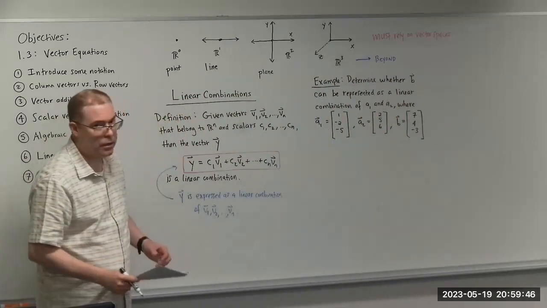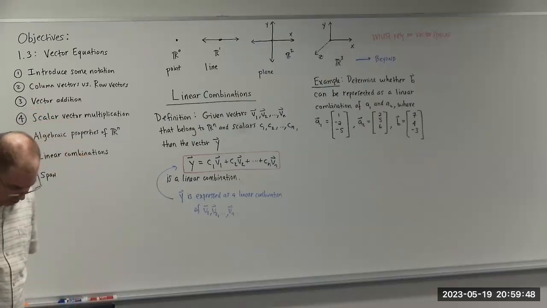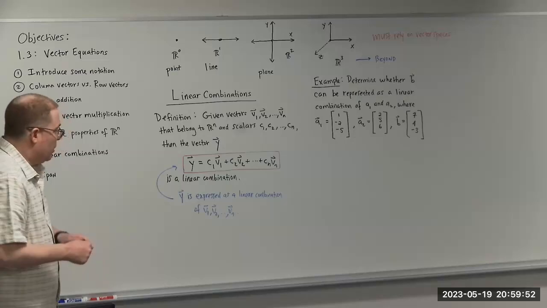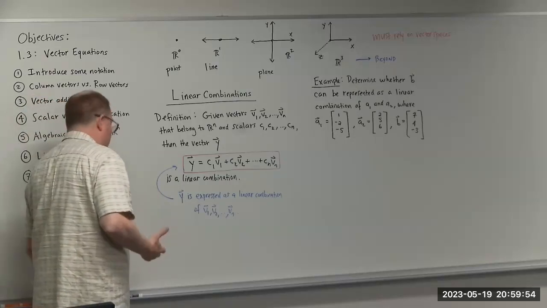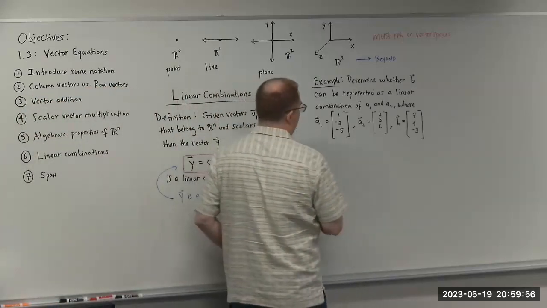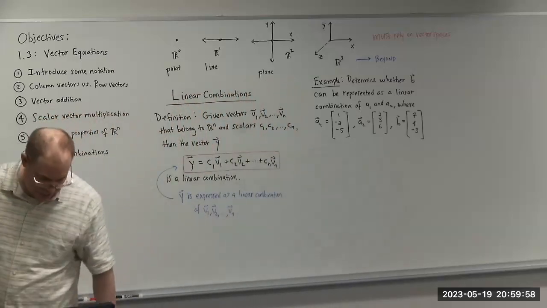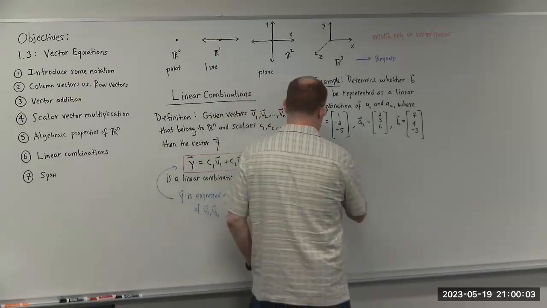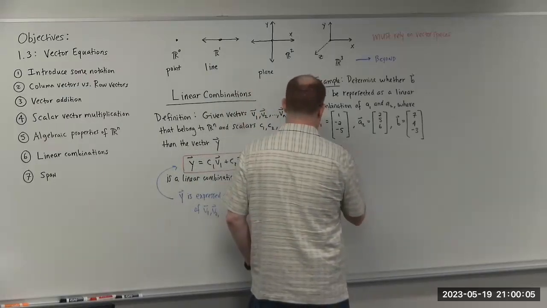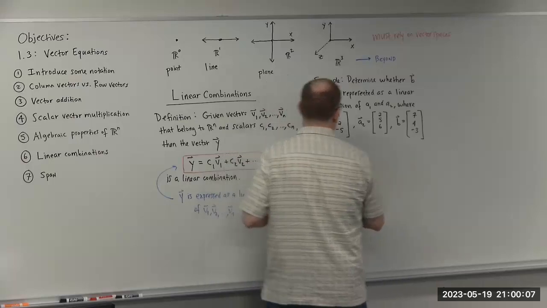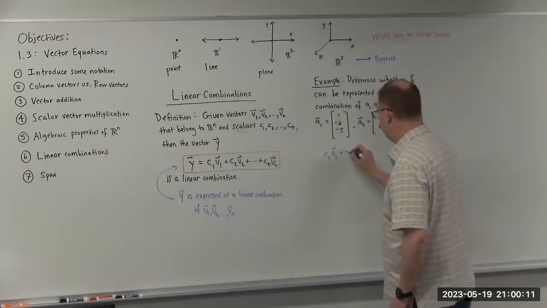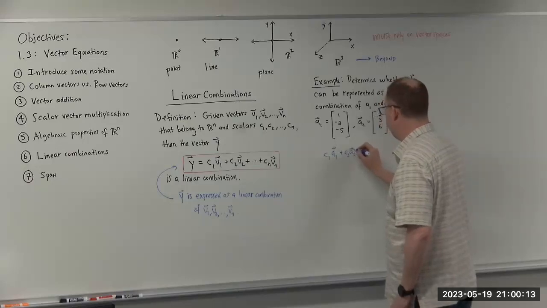So we have A1, A2, and the vector B. The bottom line is that we're trying to figure out this: are there a set of scalars C1 and C2 such that C1 times A1 plus C2 times A2 equals B?